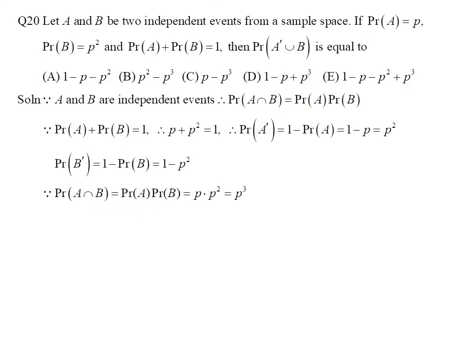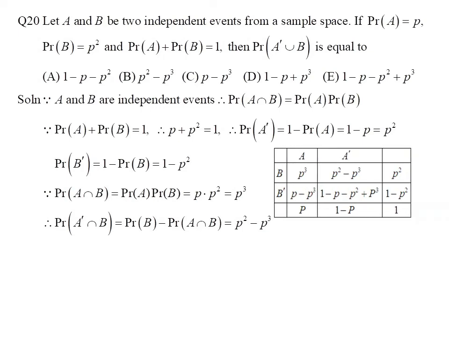In addition, since the probability of A intersect B equals the probability of A times the probability of B, which is p cubed, the probability of not A intersect B equals the probability of B minus the probability of A intersect B, which equals p squared minus p cubed, as can be seen on the probability table.